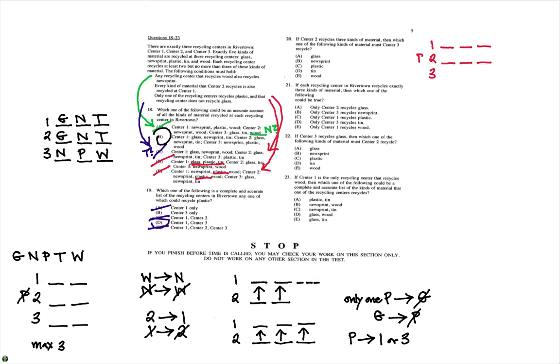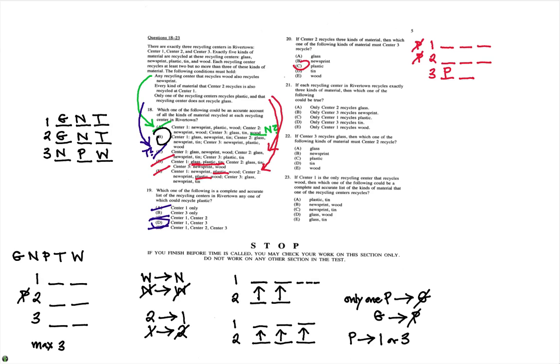We know plastic cannot be in center 2, which means that if center 2 has 3, plastic cannot be in center 1 either. Plastic shows up once, which tells us plastic must show up in center 3. The question is asking us which of the following kinds of material must center 3 recycle, and the correct answer would be C, plastic.